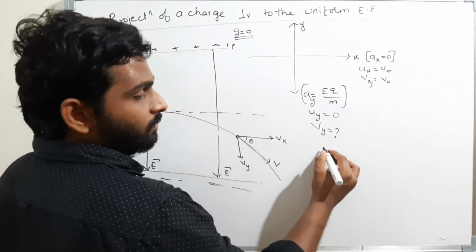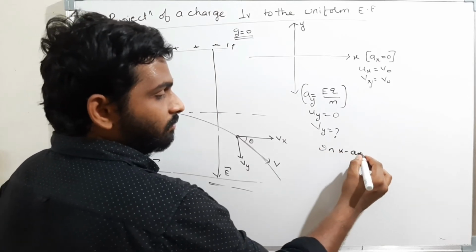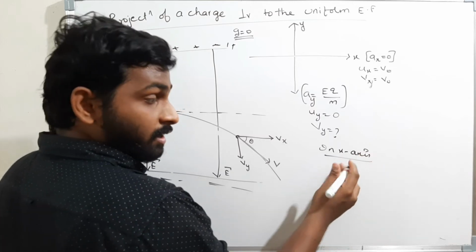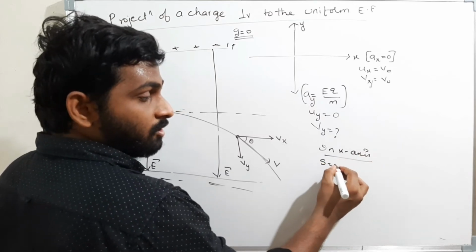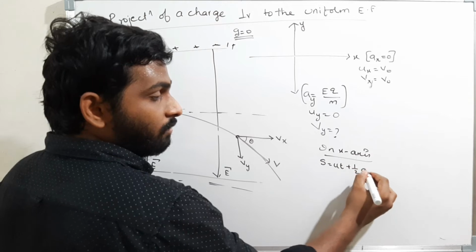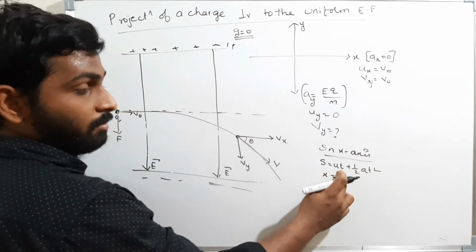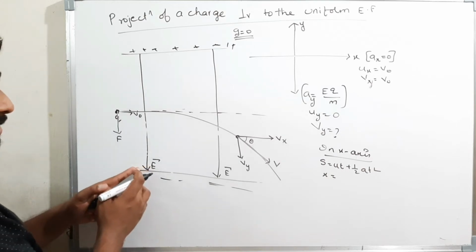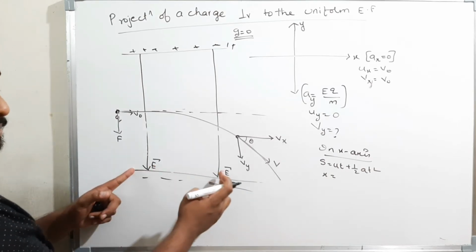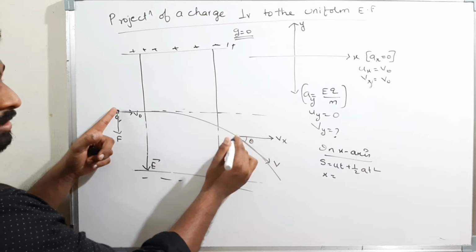Okay, now see in the x-axis, S is equal to ut plus half at square, where S is nothing but x. That means after some time t, the body is at a distance x from the starting point. That means somewhere here, x. This is x.